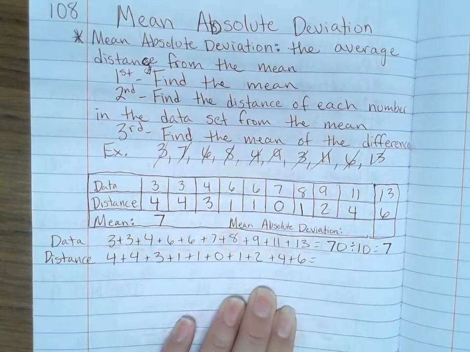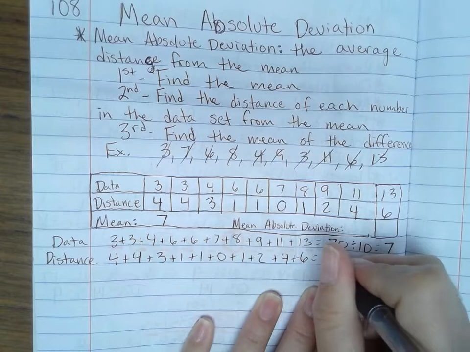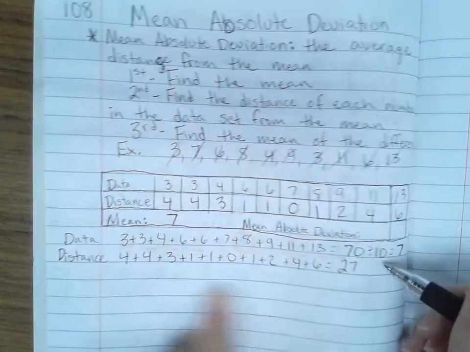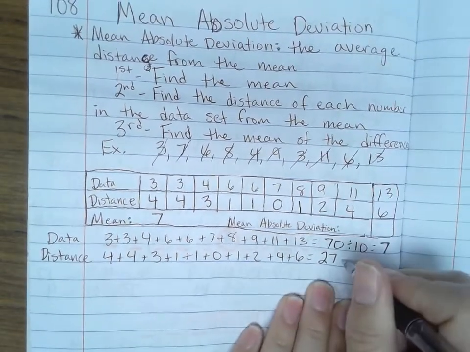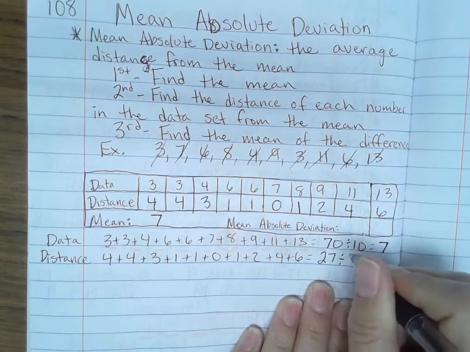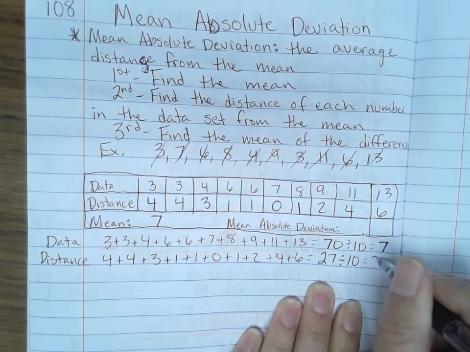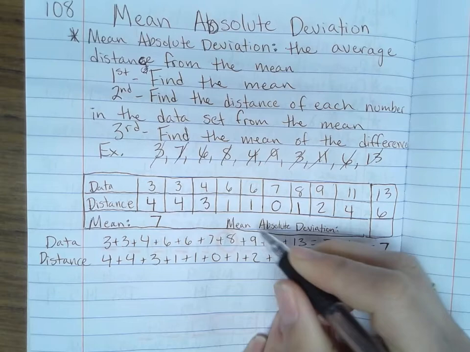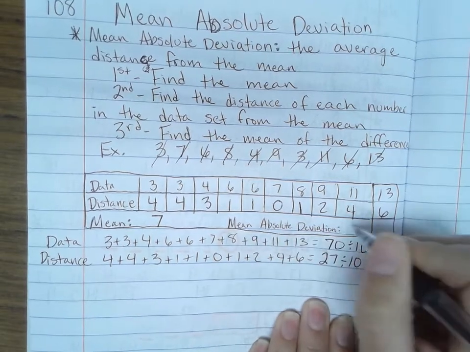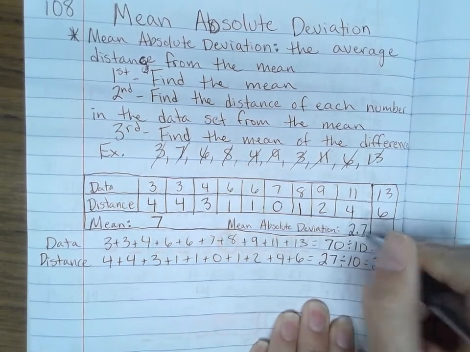And that gives us 27, and then we have 10 distances, so I'm going to divide that by 10, and that gives me 2.7. So my mean absolute deviation is 2.7.